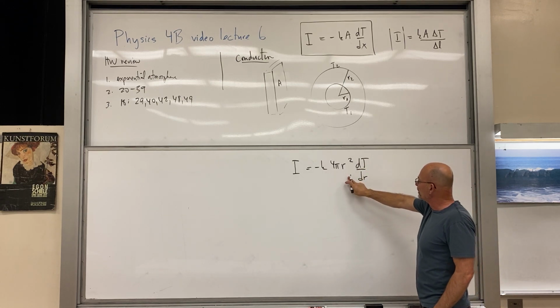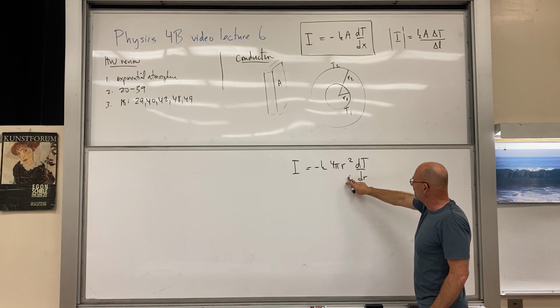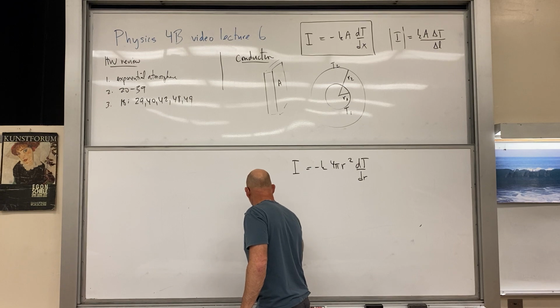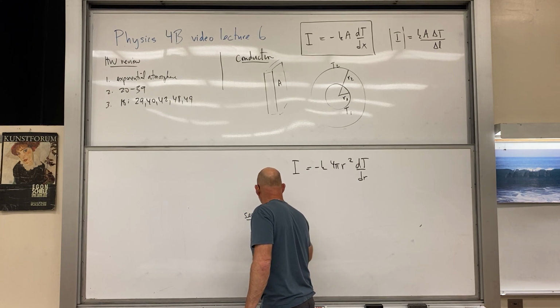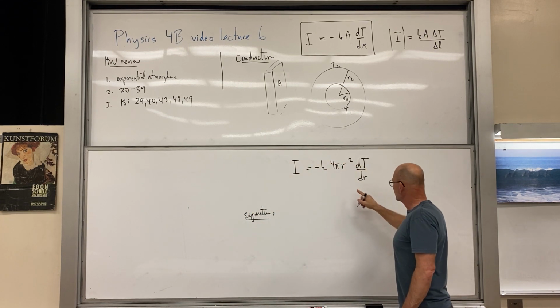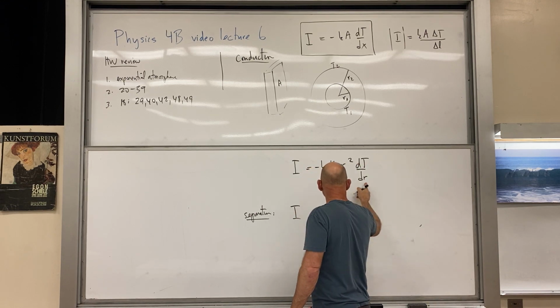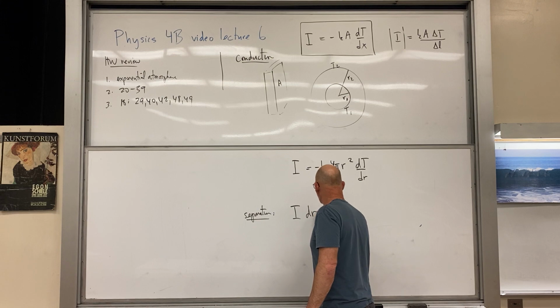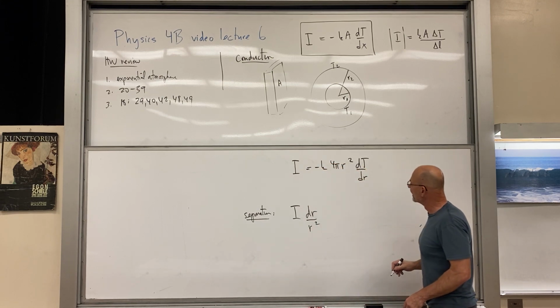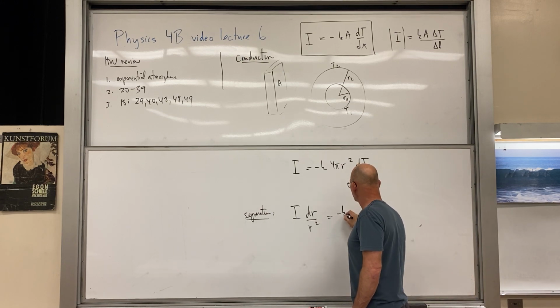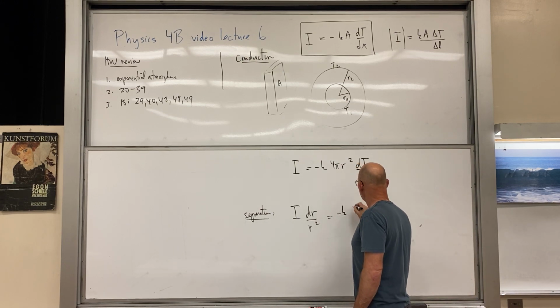So what we're going to do is separate variables. The separation of variables is going to function like this. I'll keep I right here, cross multiply, dr divided by r squared. And what's left on the right side is equal to minus k dT. Okay.